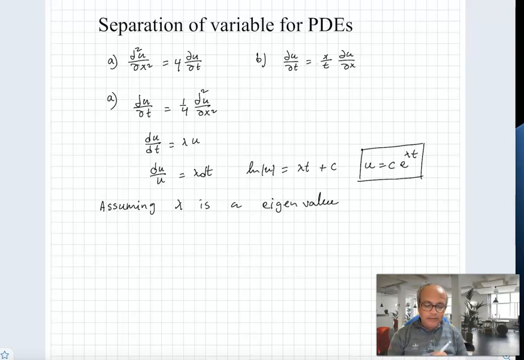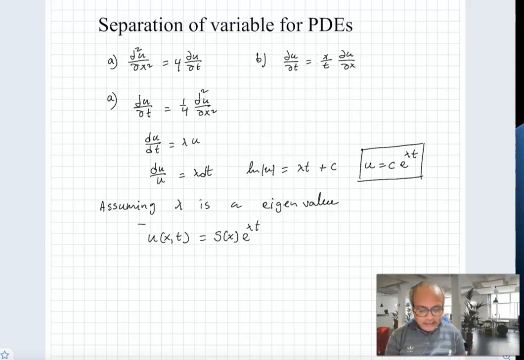Assuming lambda is an eigenvalue, I can write the solution u(x,t) is some constant, and this time the constant will depend on the spatial coordinate x. So I will denote this constant by s(x) e to the power lambda t.